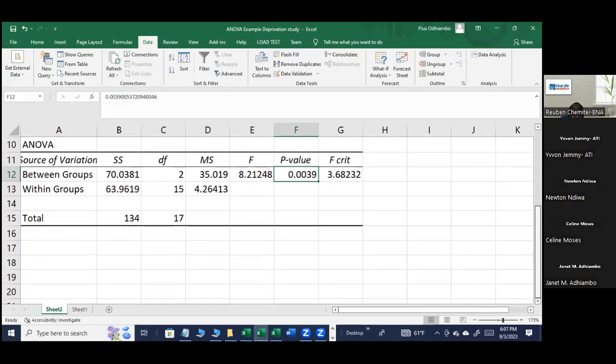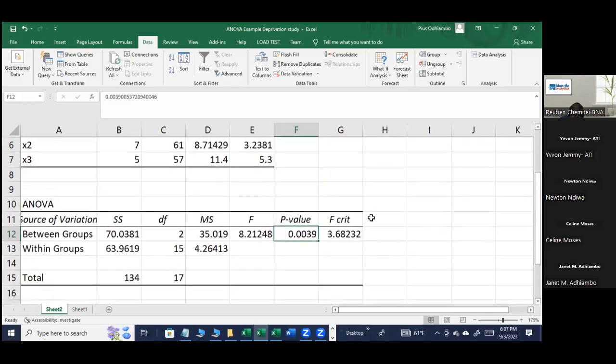Now, how do we interpret this? What we do here, we look at the P value.